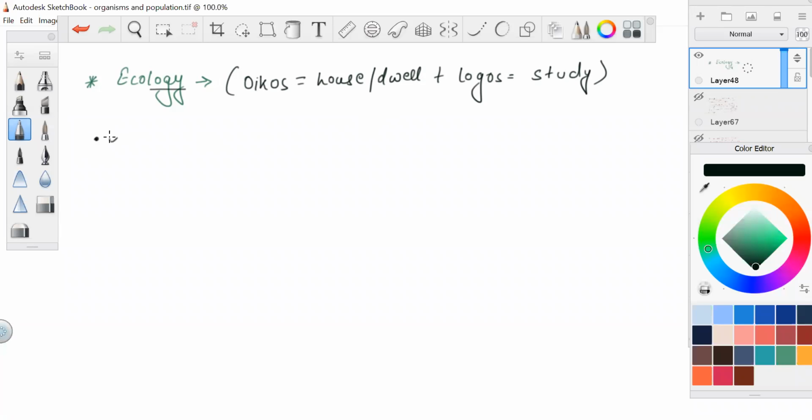So this you can write. Though we have written the definition for ecology also, you can write here again so that it is at one place.